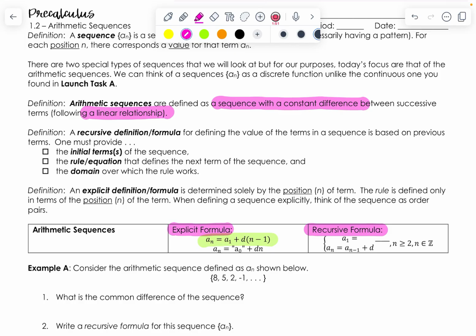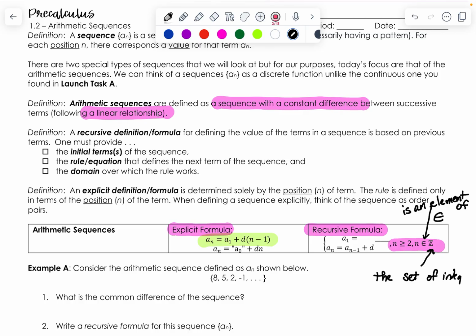Now, this notation here, let me explain this. This funny E symbol means is an element of. Then this capital Z stands for the set of integers.